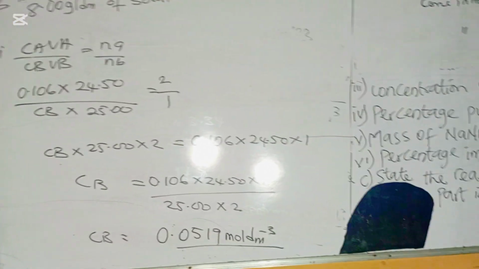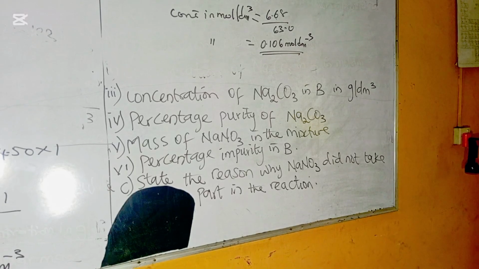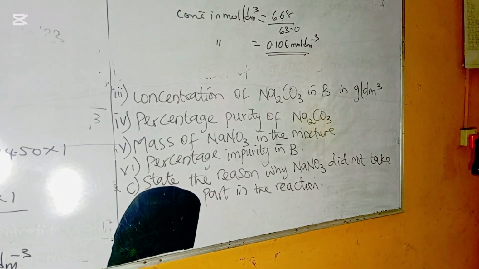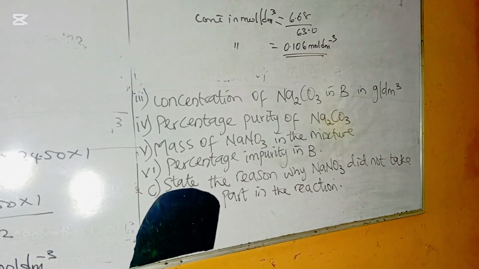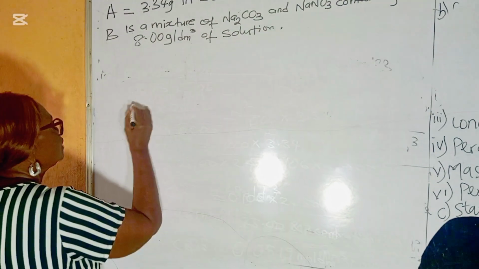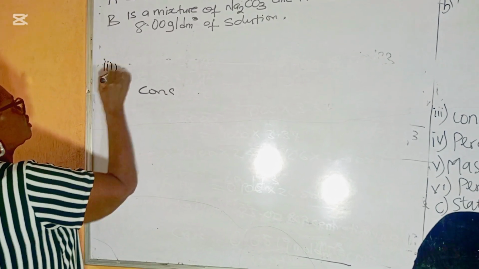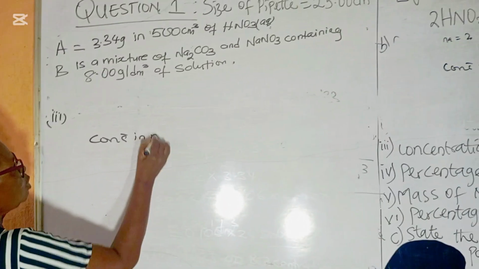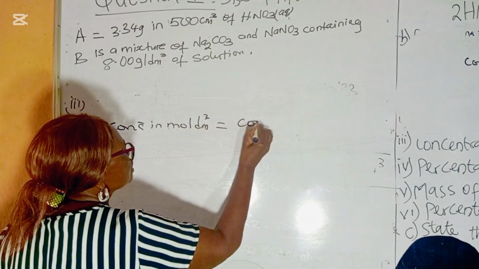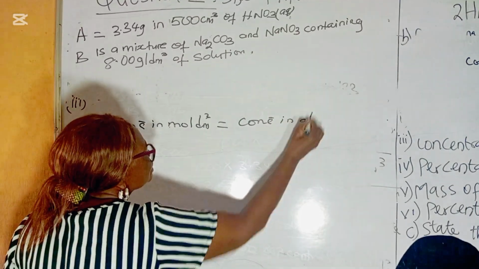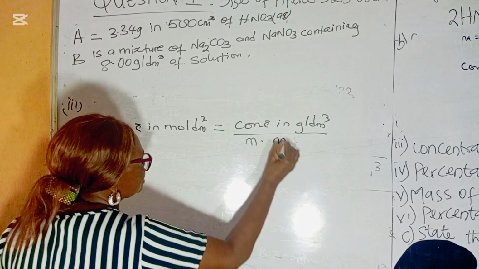Can we go to question number 3? We are going to look for the concentration of sodium trioxocarbonate IV in B in grams per dm3. So that one has its own formula too. And the formula is number 3: concentration in mole per dm3 is equal to concentration in grams per dm3 over molar mass.